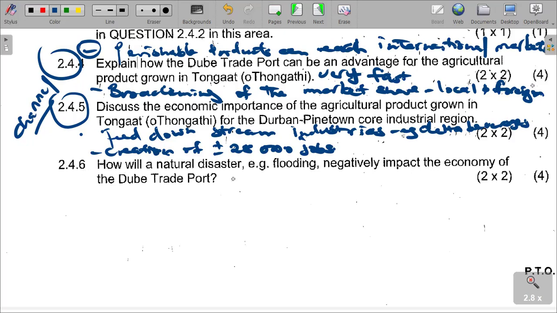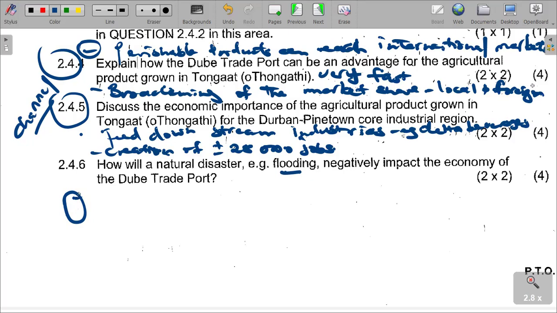How will a natural disaster such as flooding negatively impact the economy of the Durban trade port? We are saying one can impact on the economy of this region. One, we can talk about waterlogged sugar.